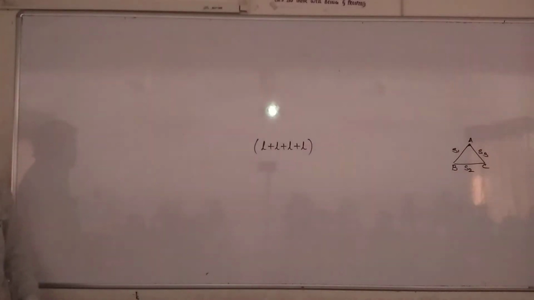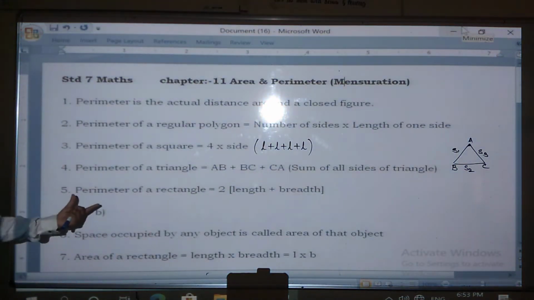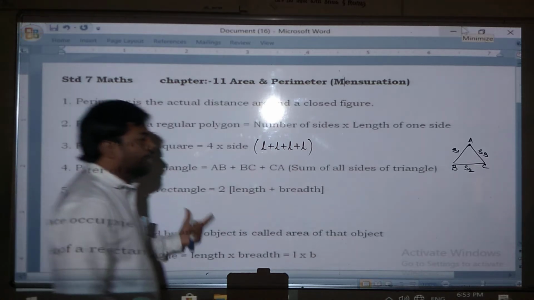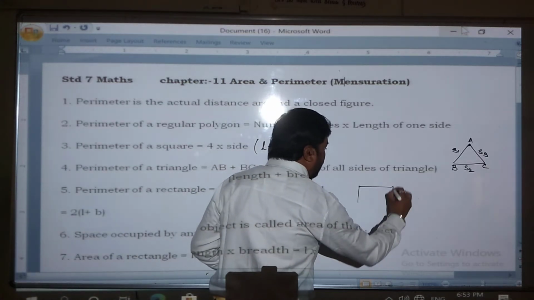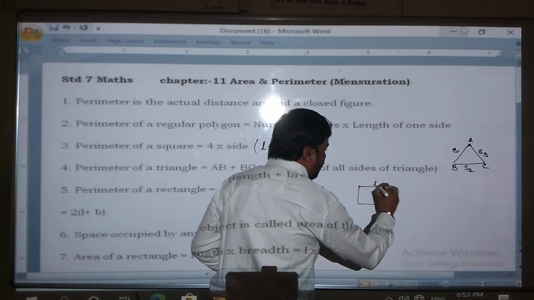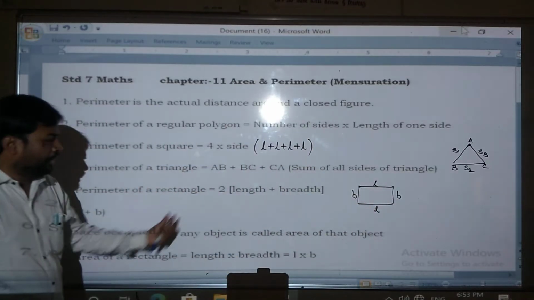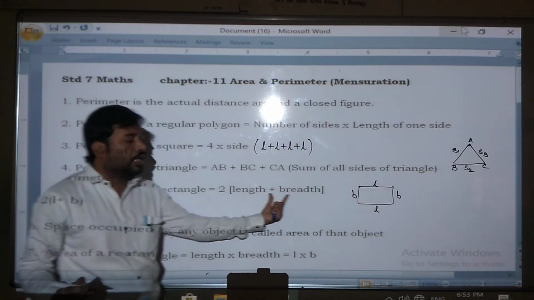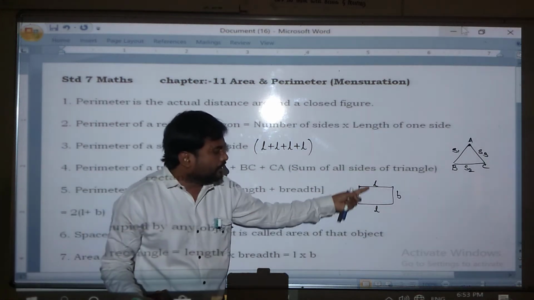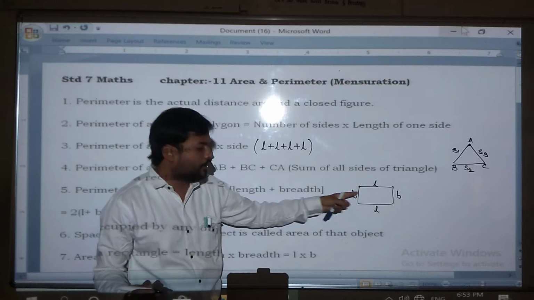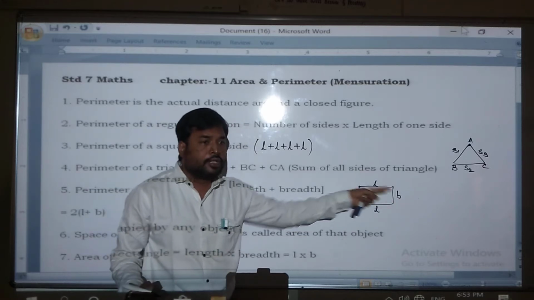Perimeter of a rectangle. Again, you are very familiar with the shape of a rectangle. Right? This is your length, breadth, breadth. So it is 2 times length plus breadth. Length is repeating how many times? 2 times. Breadth is repeating how many times? 2 times.